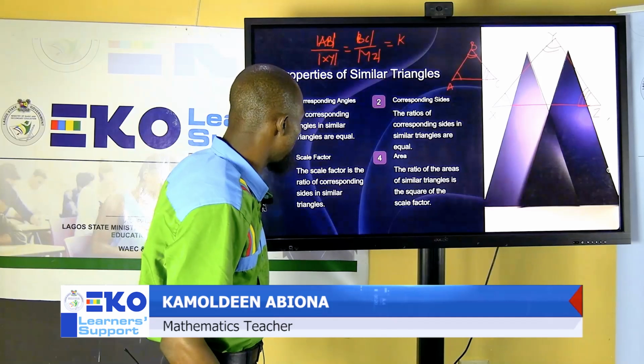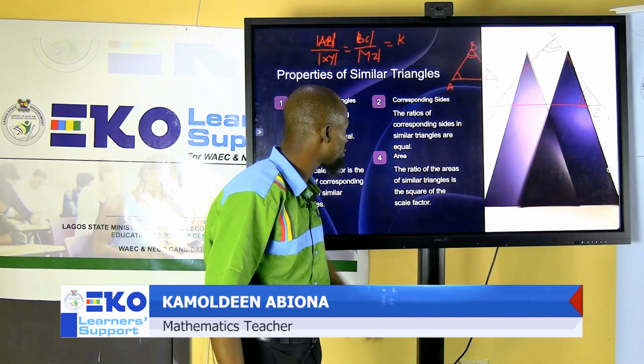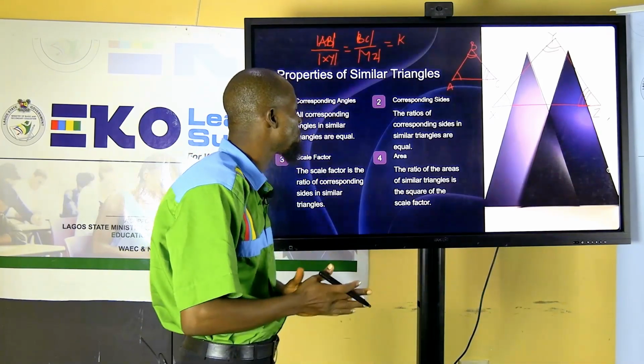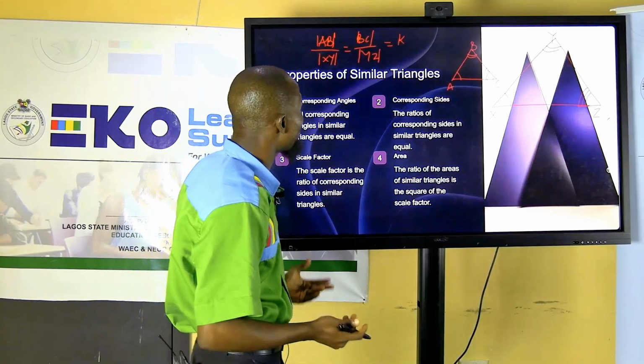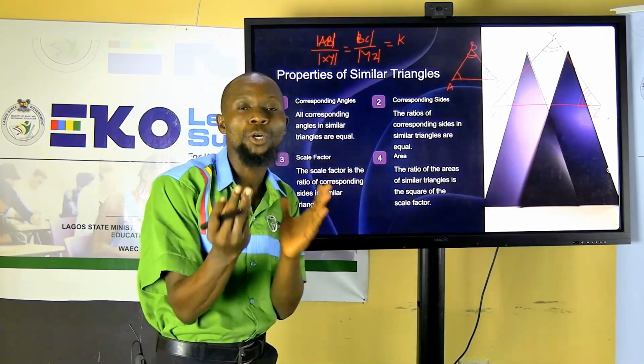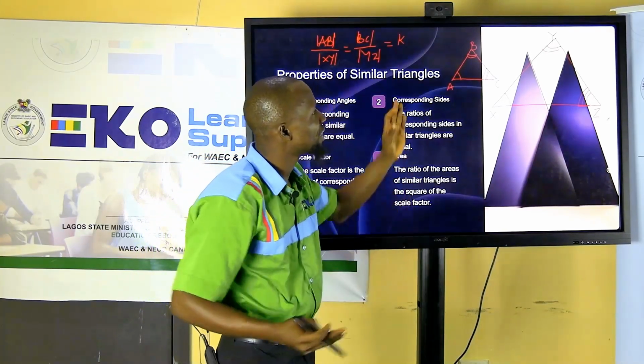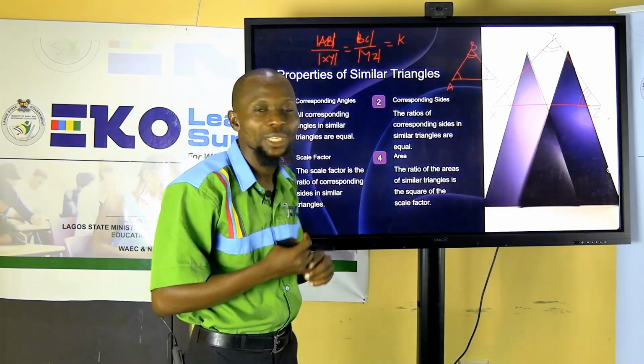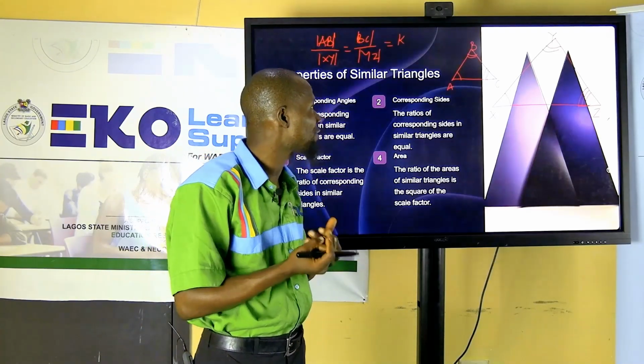And the ratio of the areas of similar triangles is the square of the scale factor. For example, we want to compare the area of triangle ABC with the area of triangle XYZ.